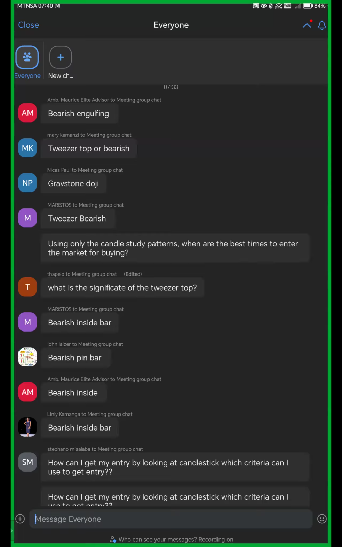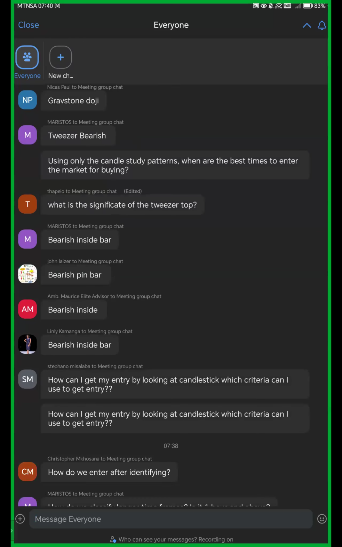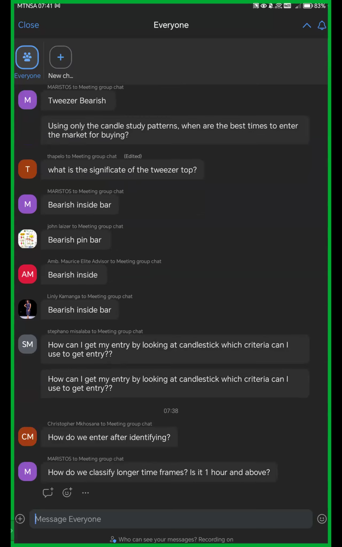You're not going to have the correct data of the market. You should have the bigger picture. The bigger picture will tell you about the smaller picture. The smaller picture can't give you the bigger picture. Did I answer your question, Maristos?